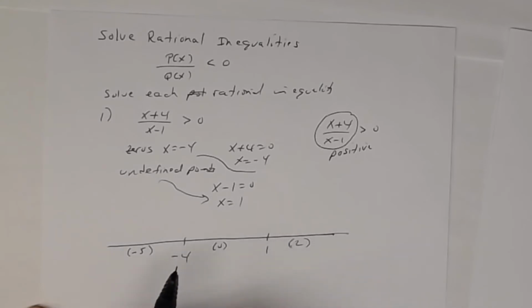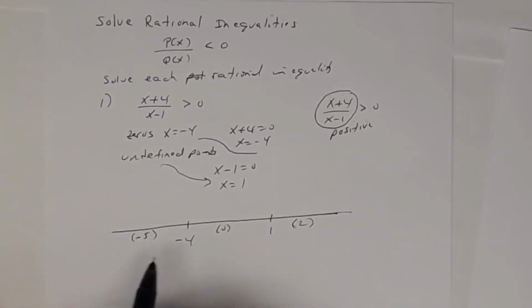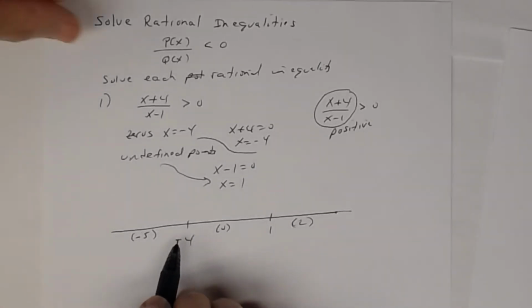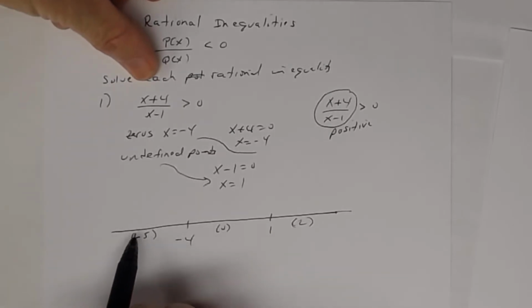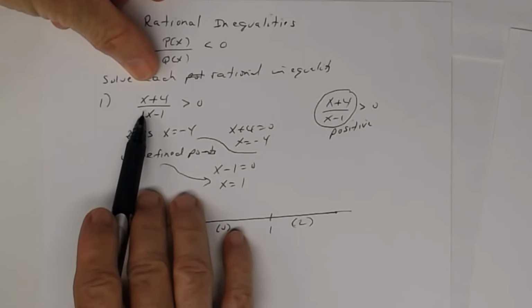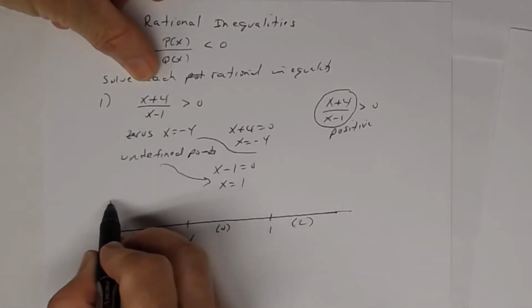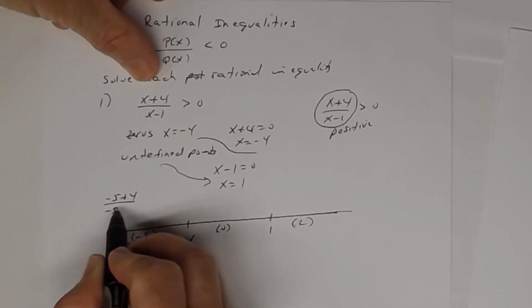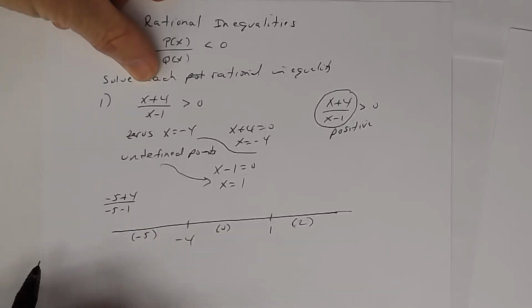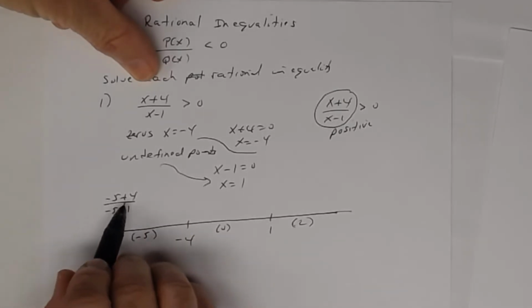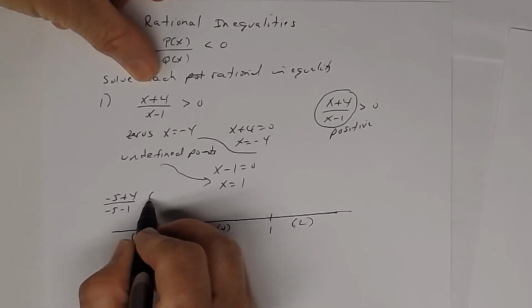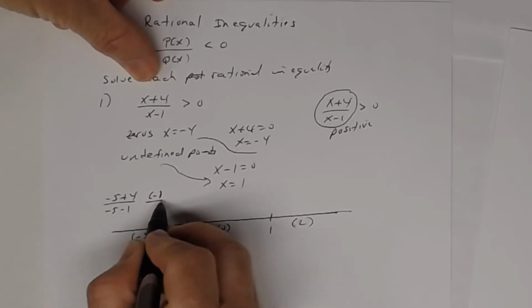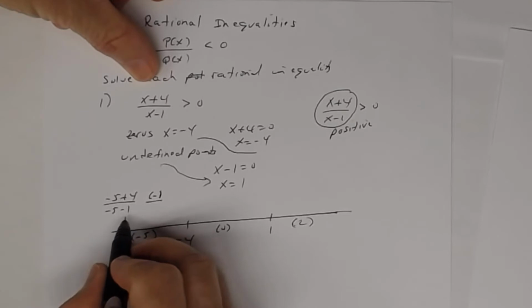Okay? All right, so let's do the test point, -5. And remember what we did before, we take x equal -5 and substitute it wherever we see the variable x. So I get -5 plus 4 divided by -5 minus 1. And then we look at the sign. Well, -5 plus 4 is a negative number. Divided by -5 and a -1 is a -6.